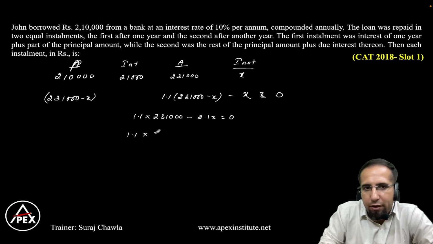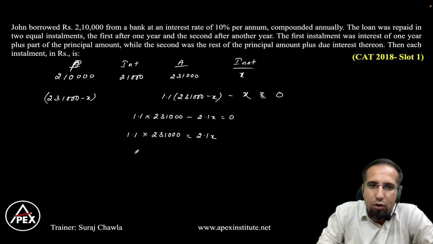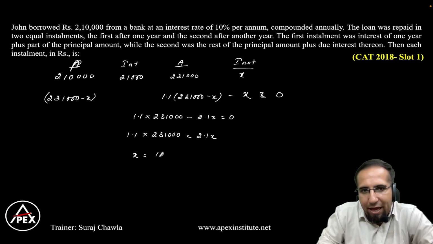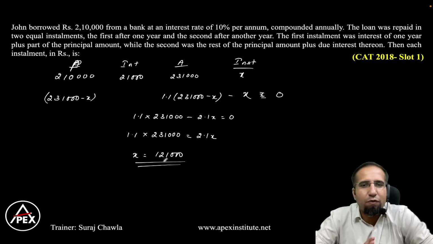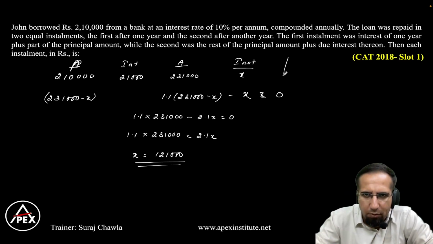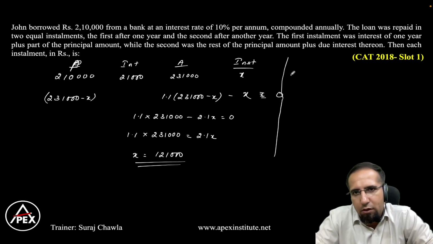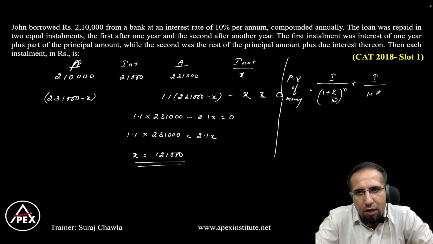Or we have 1.1 into 2,31,000 is equal to 2.1x, or the value of x is finally going to be how much? 1,21,000 should be the value of each installment. Now if you want the formula for installments, there's a simple formula: the amount borrowed, the present value of the money, is equal to installment divided by (1 plus r by 100) whole to the power n, plus again installment divided by (1 plus r by 100) whole to the power n minus 1, and so on.